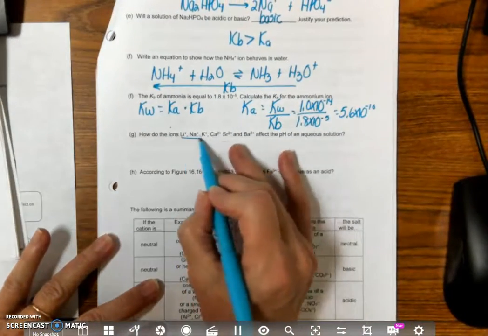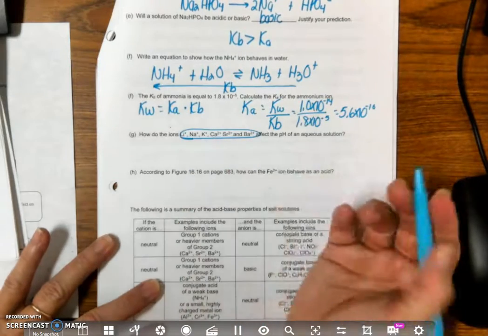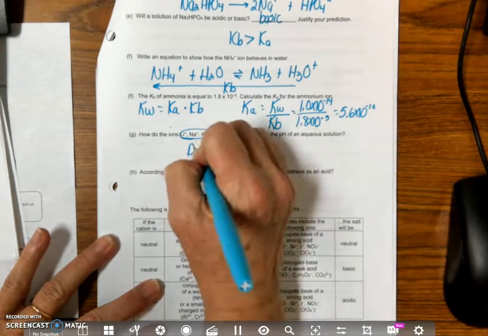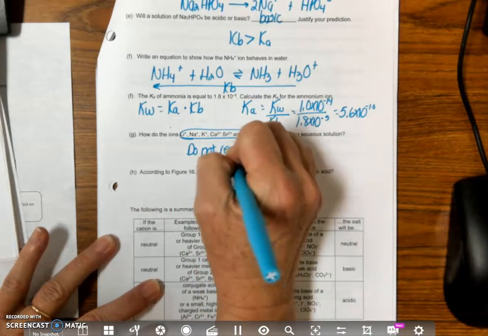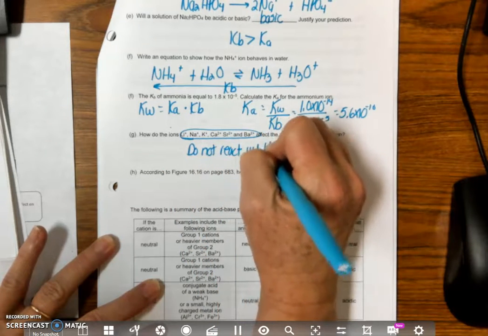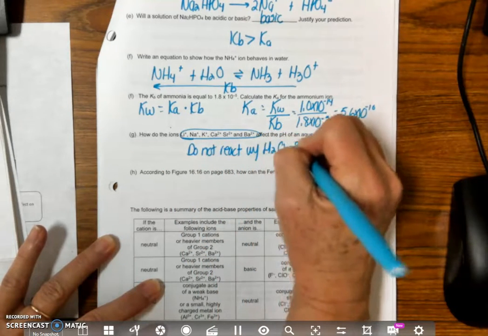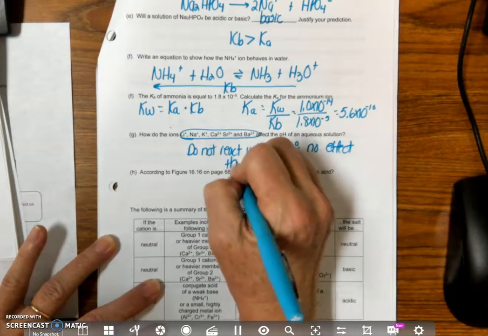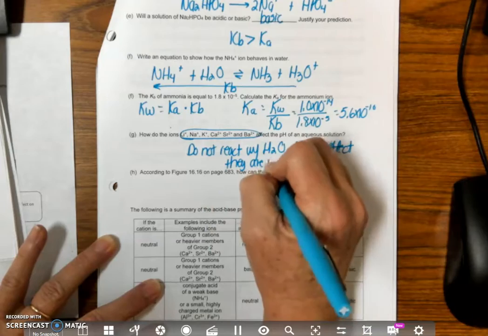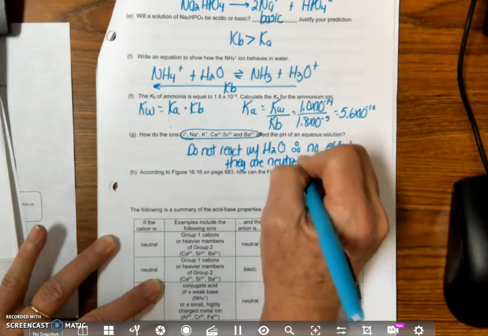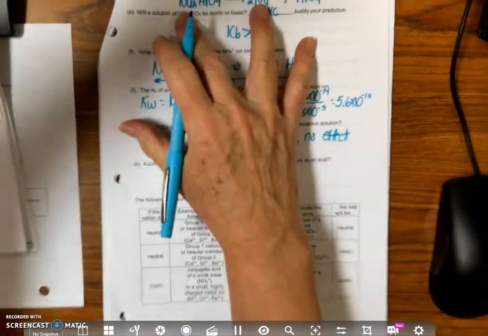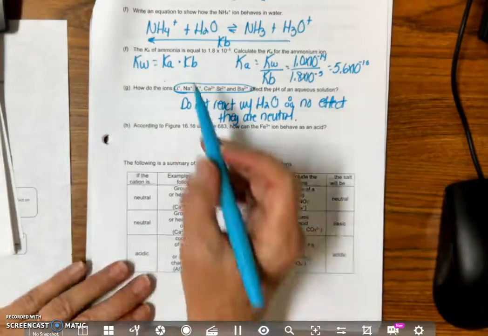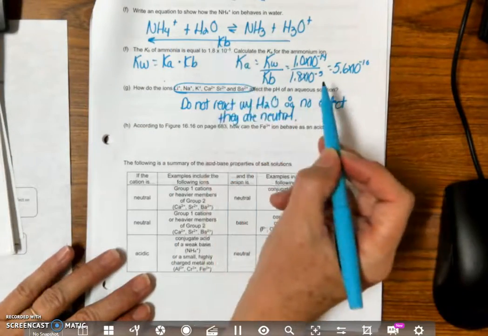Now these cations do not react with water, therefore no effect. They are neutral. Now, there are some exceptions for cations. You saw that ammonium ion can act as a weak acid.